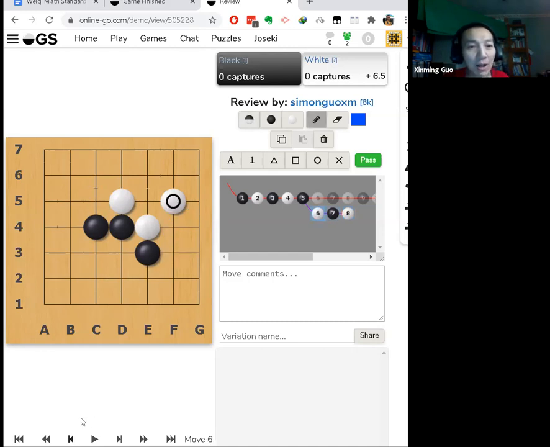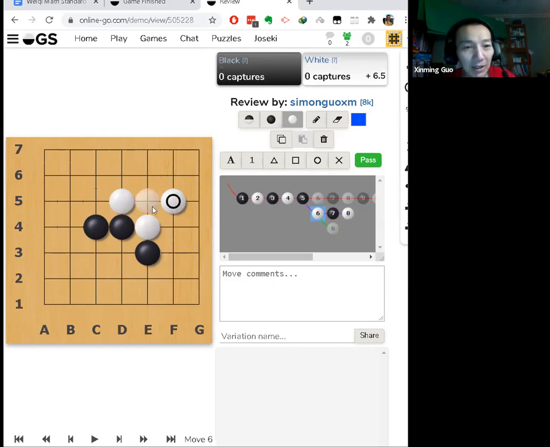So that's one possibility. Play this tiger mouth, protect your cutting point, lower your risk, and create an opportunity to play another tiger mouth in the future. So this is one option.